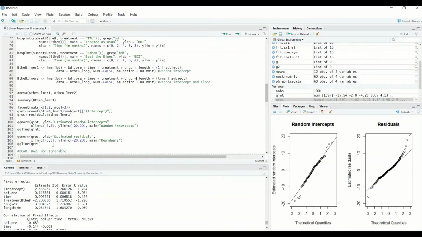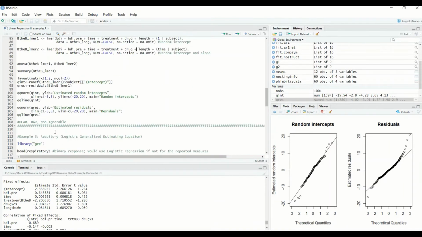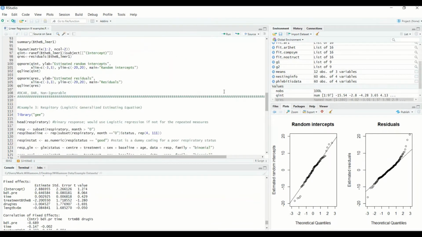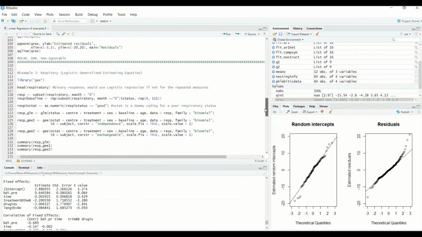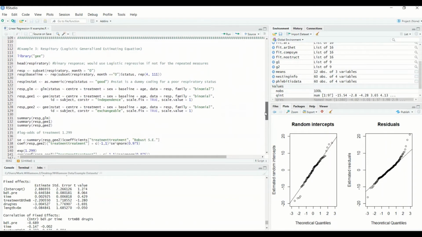There's three main kinds: missing completely at random, missing at random, or non-ignorable missing, where it's specifically not random. So you need to keep that in mind, and you might have to correct for that, depending on what type of missing data it is. I'm not going to go into that too much here. It's just good to note.